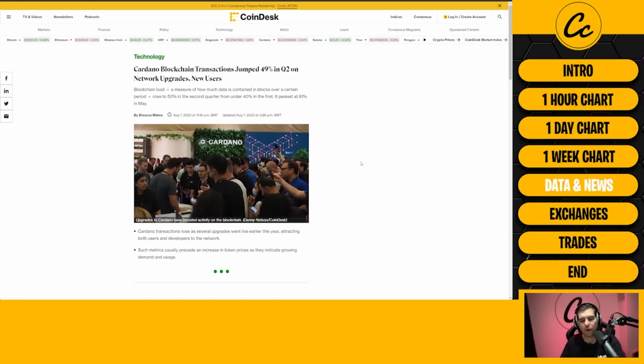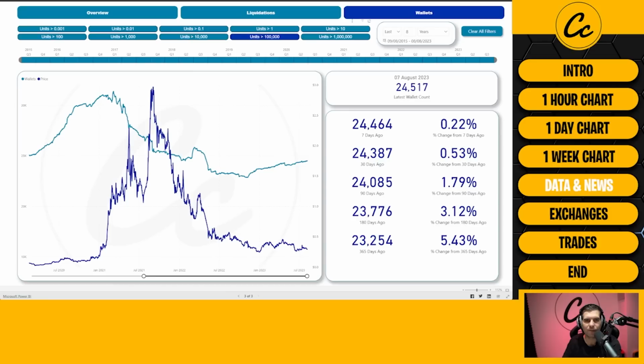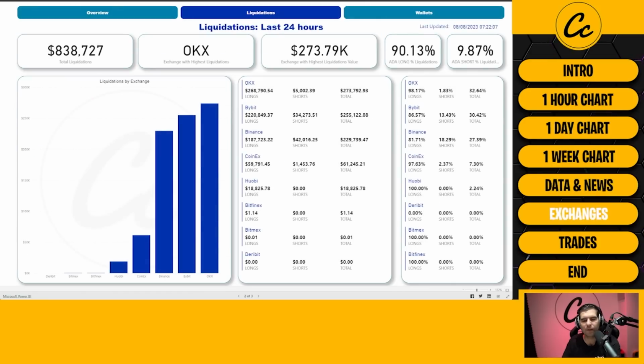Now, moving on from the news side of things, I think it's important to talk about the different exchanges that you can take part in for ADA. You can see that there are not really that many exchanges that actually have leverage positions.